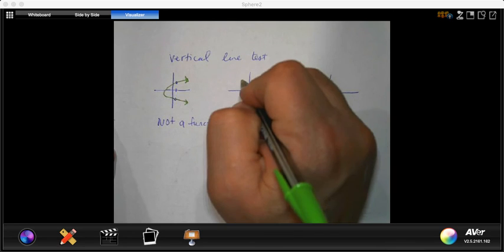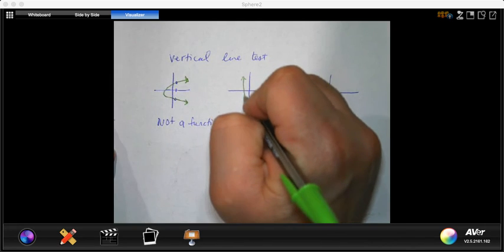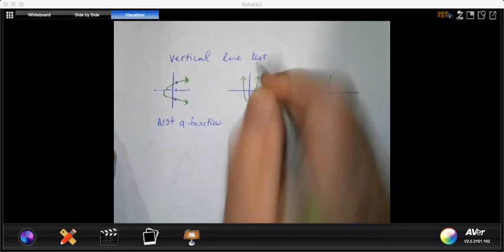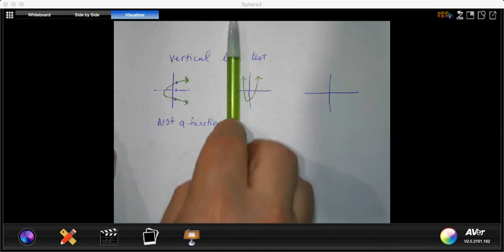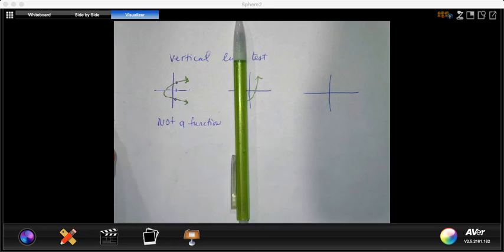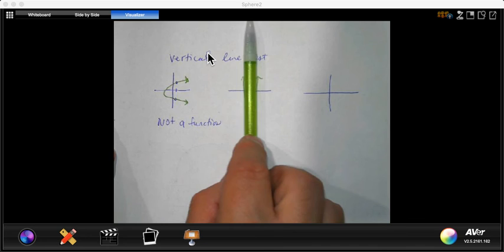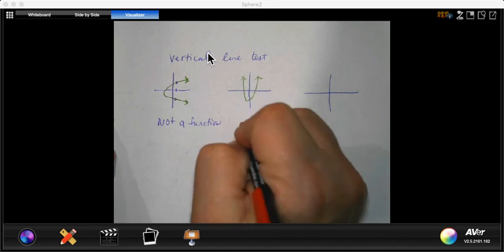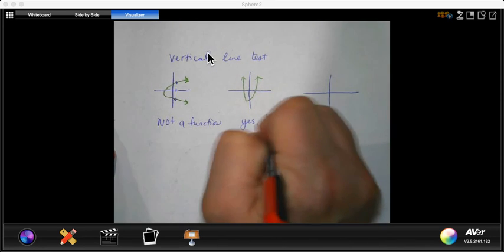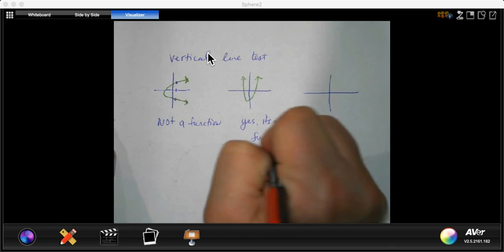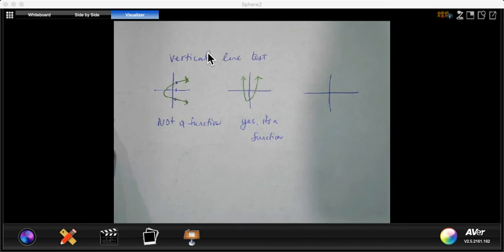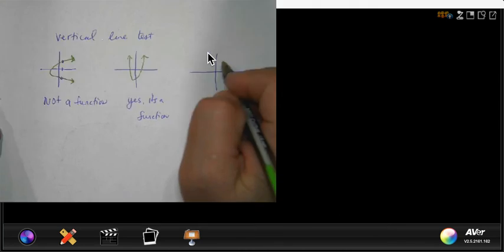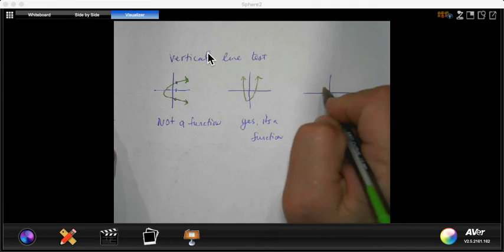What about this guy, a regular parabola? So if I sweep across, you can see it is a function. So we would write, yes, it's a function. And then the last one, maybe I'll do like a zigzag function.